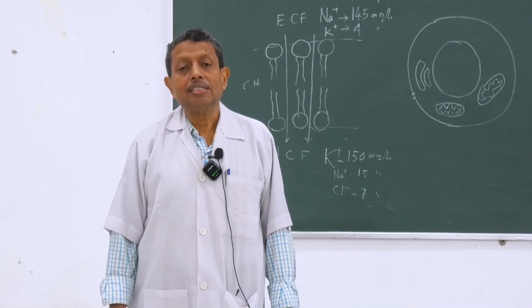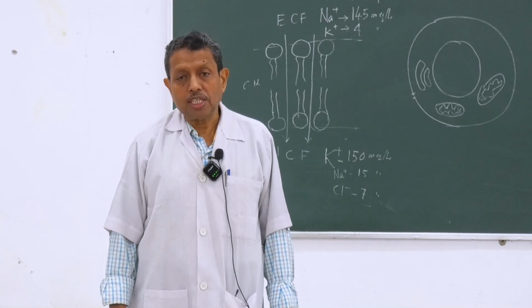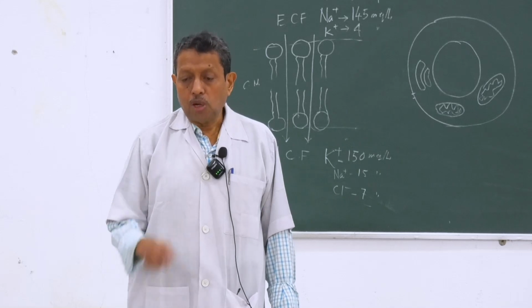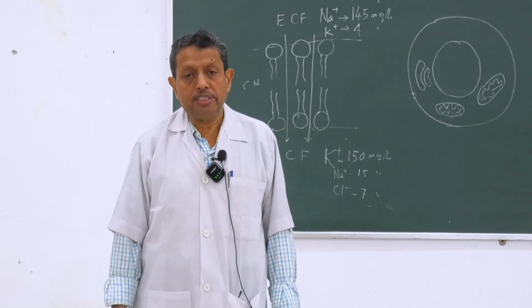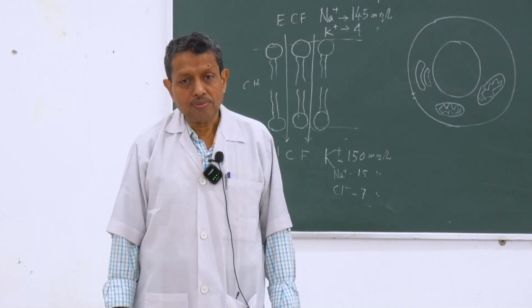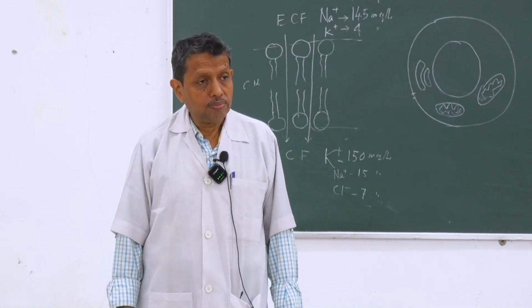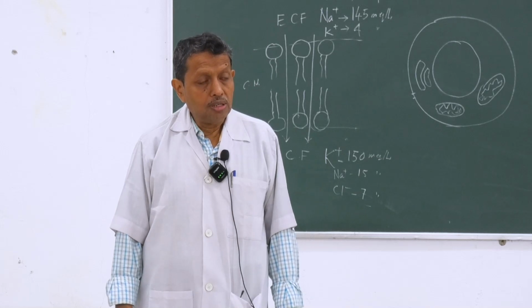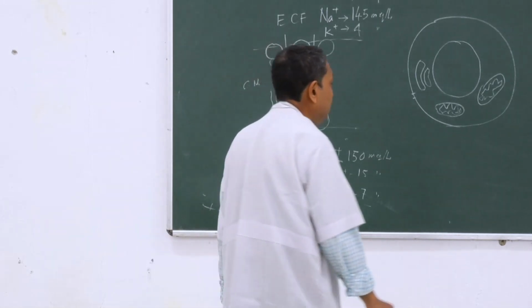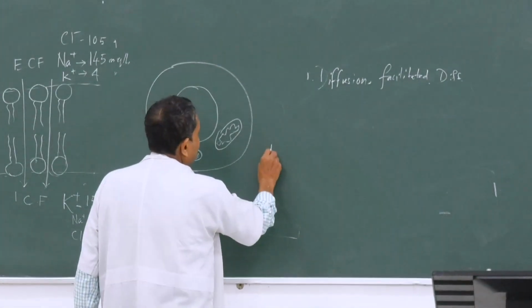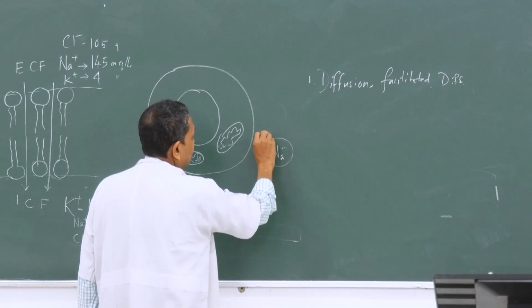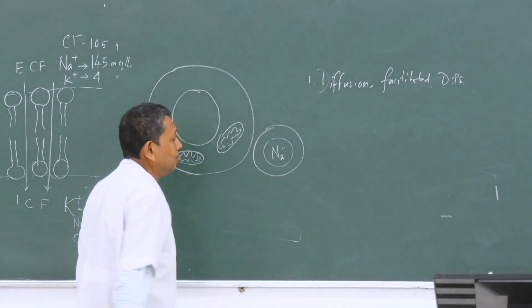But in some cases, such a slow process is not sufficient, because the molecules present in the extracellular fluid are in hydrated forms. Inorganic or organic, whatever molecule, in hydrated form. Suppose it is the sodium ion, with hydration.